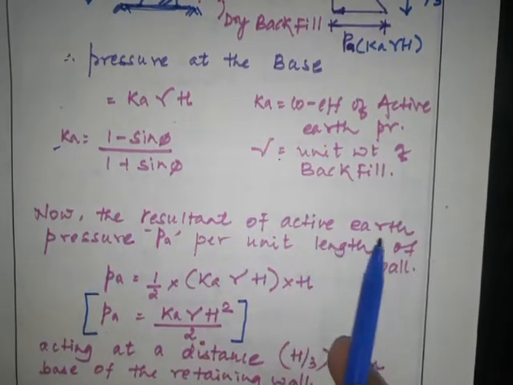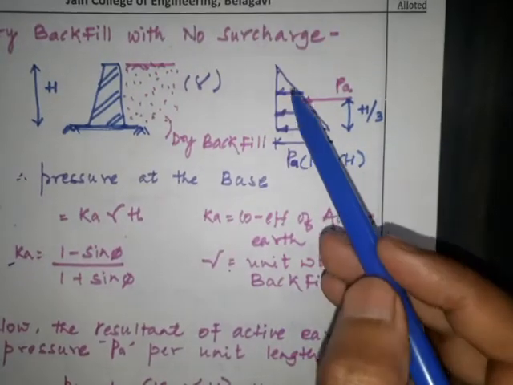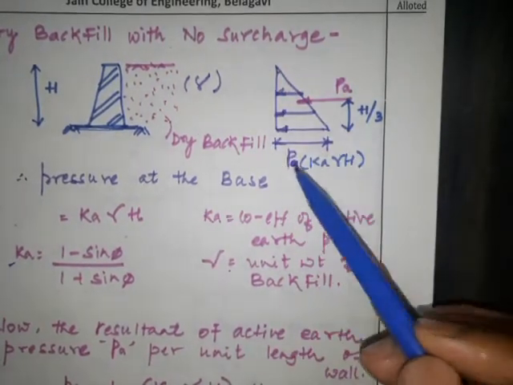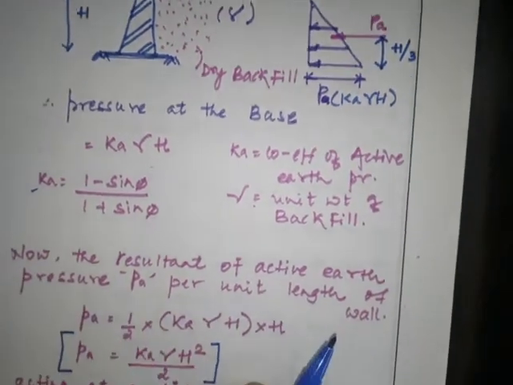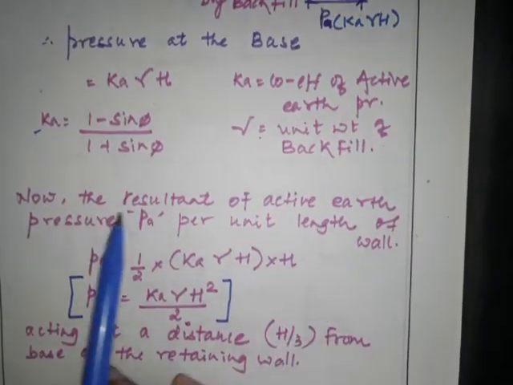Then the resultant of active earth pressure. This is the total pressure developed on the face of the wall, so we have to find its resultant.